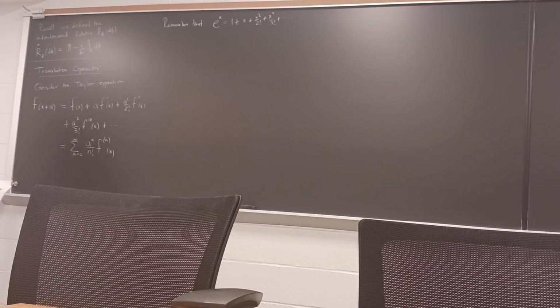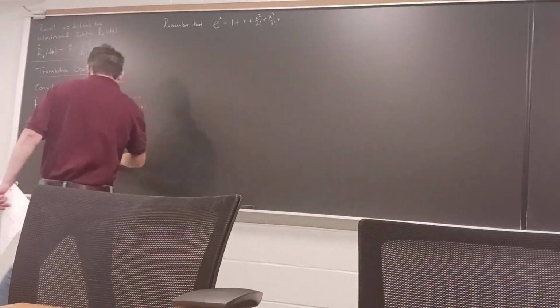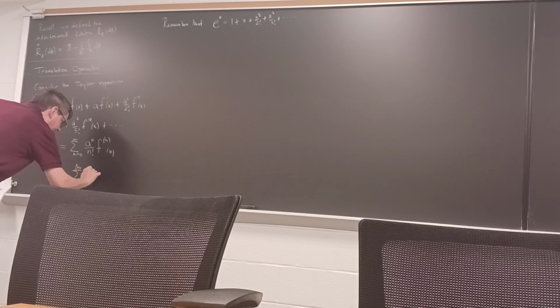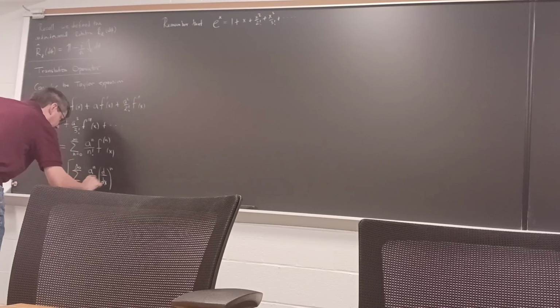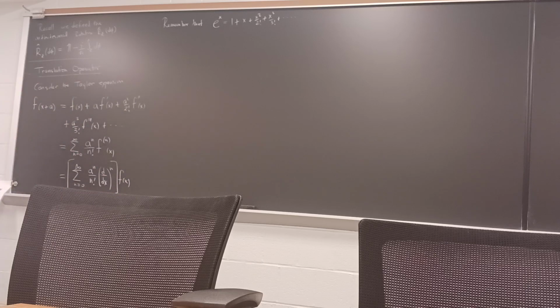So we recognize that from the Taylor expansion of a function, here we have an exponential, and in fact we can rewrite this as the sum n equals 0 to infinity of a to the n over n factorial, and then d by dx to the n, where this whole thing operates on f of x.